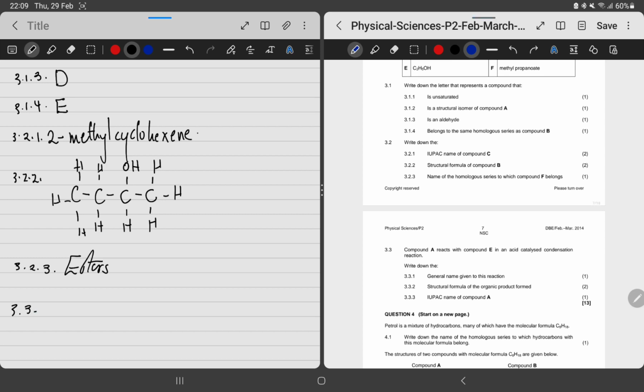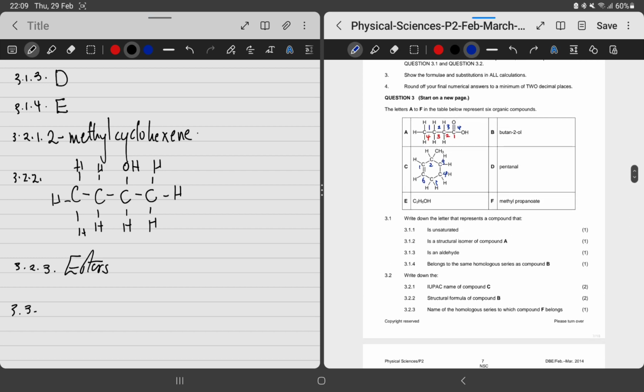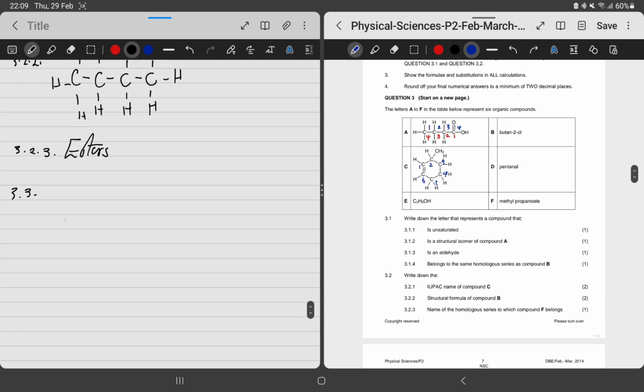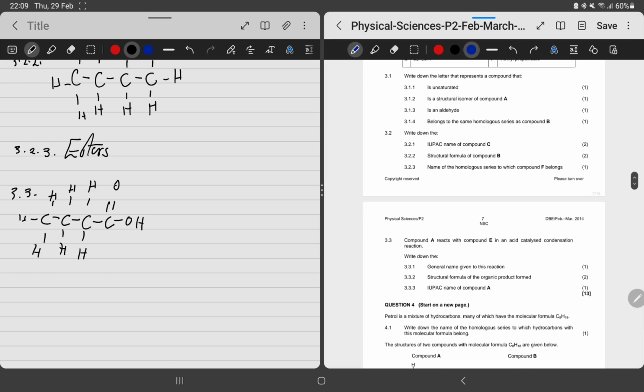3.3 Compound A reacts with compound E in an acid catalyzed condensation reaction. We are taking A, okay, so this is A, 1, 2, 3, 4. And then we are reacting that with what?